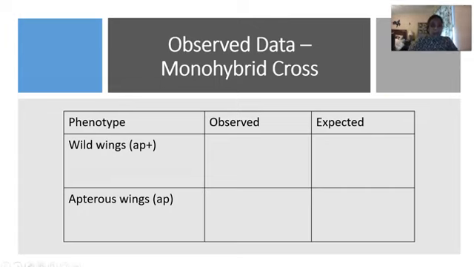So let's say that when we observe the flies, we get 325 wild type flies, and we get 107 apterous flies.